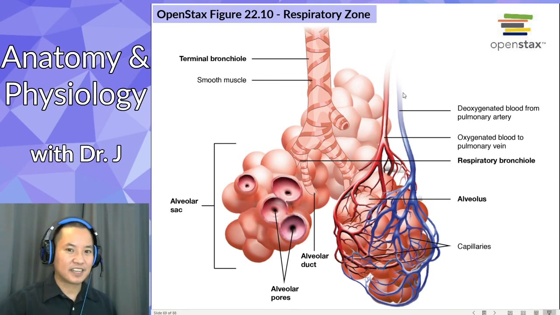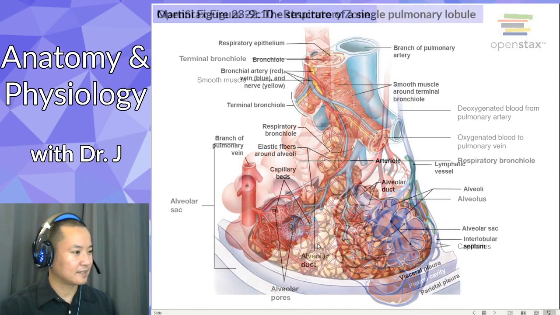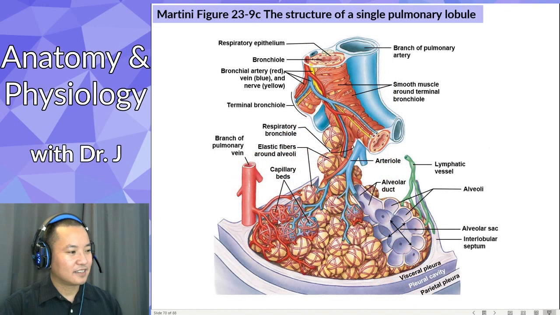So this is where you actually have that change from deoxygenated blood coming from your pulmonary arteries to the oxygenated blood that returns to your left atrium, right? So what we have here, all these alveoli, these little chambers of air sacs that interface with these capillaries that exchange gases.